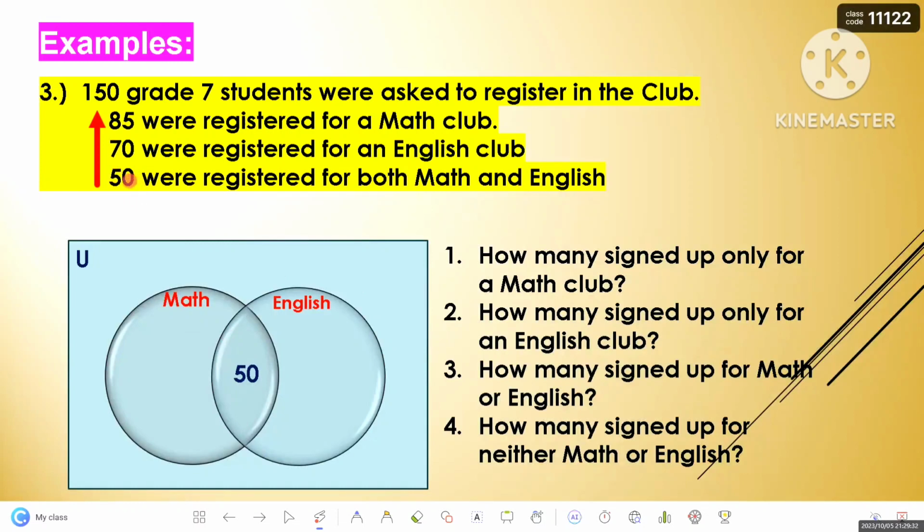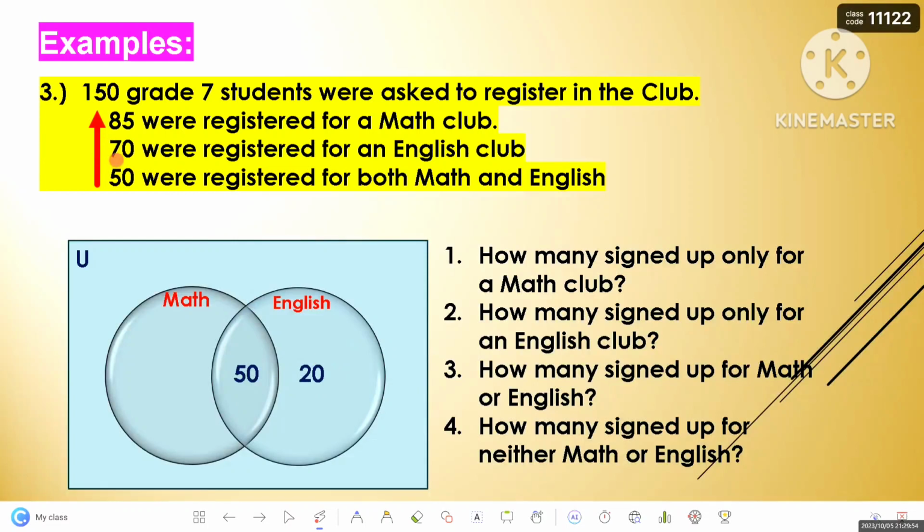Next, tapusan natin yung 50. 70 were registered for an English club. So tingin ka dito sa English club. 70 minus 50 is 20. Tama? Because 50 plus 20 is 70. So again, for English club only, we have 20.